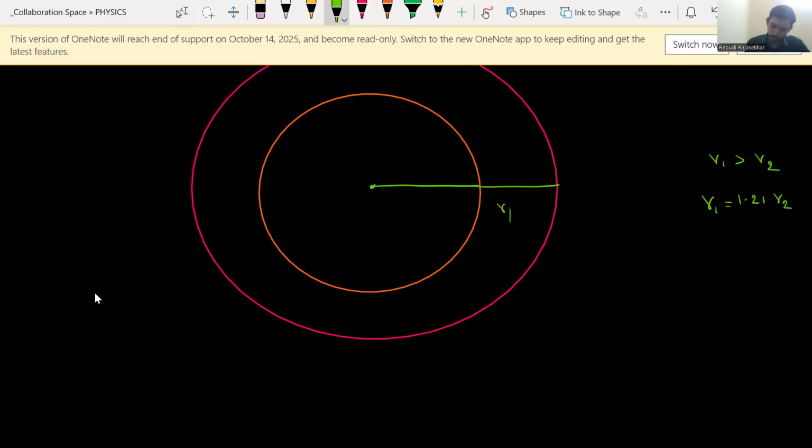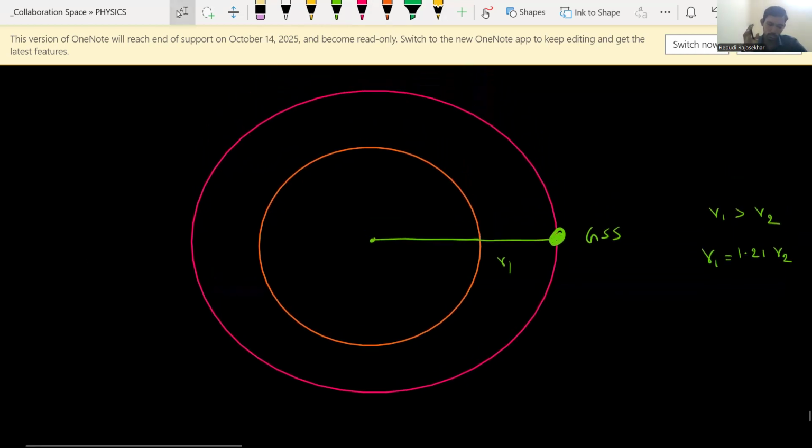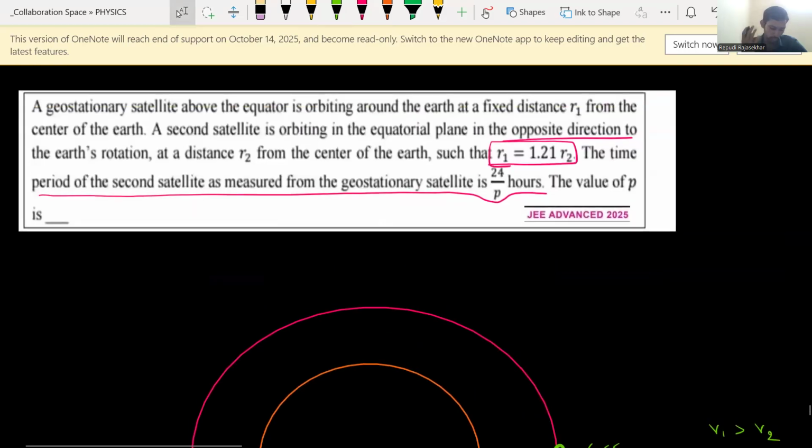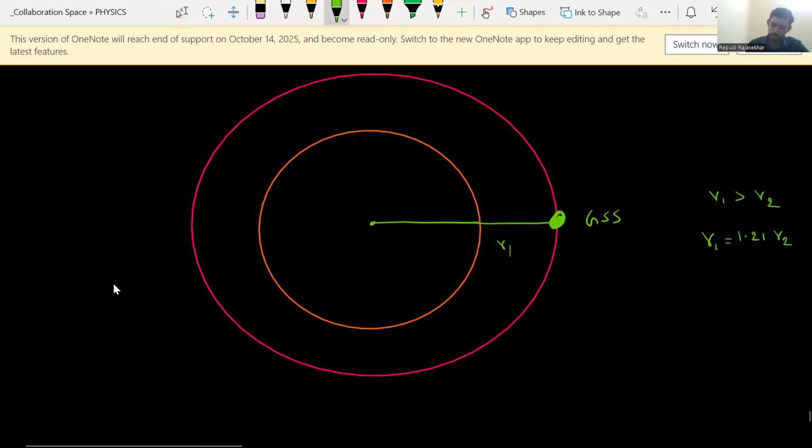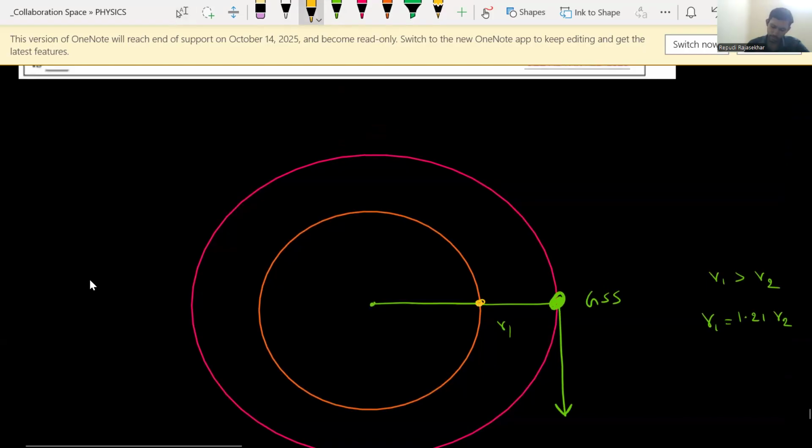So this is the geostationary satellite here. And another satellite is also revolving around the center, in the equatorial plane in the opposite direction to the Earth's rotation. Let us take this geostationary satellite is revolving in this direction, and another satellite is revolving in the opposite direction.